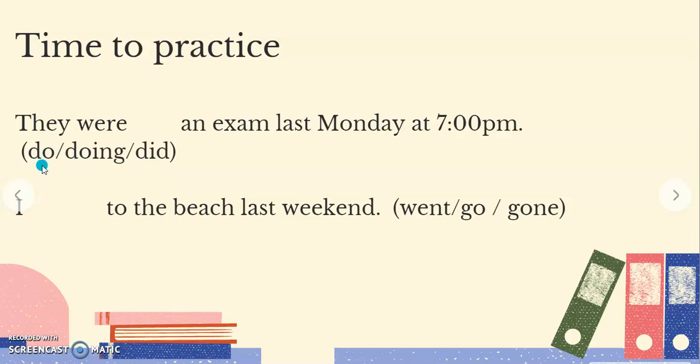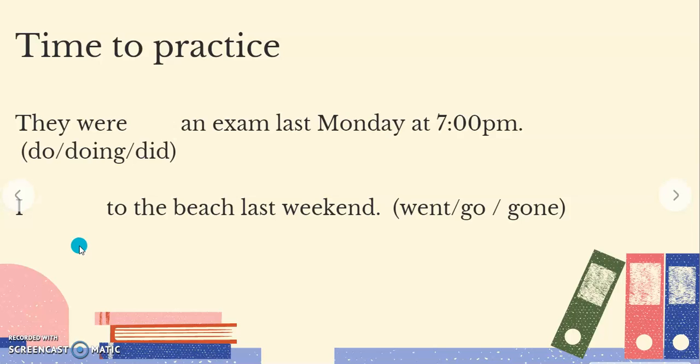Do, simple present, did, simple past, and doing with ing, past continuous. Okay, what is the first one? The correct answer is doing. They were doing an exam last Monday at 7 p.m.